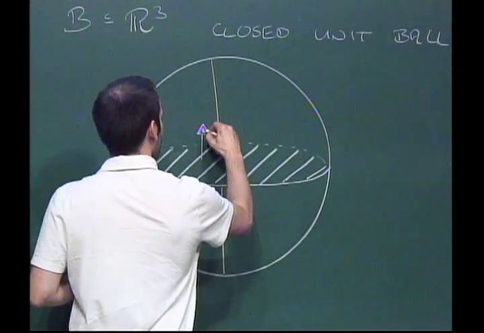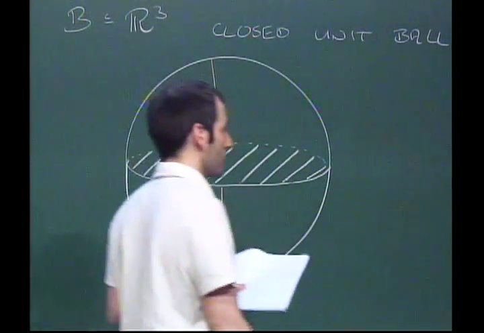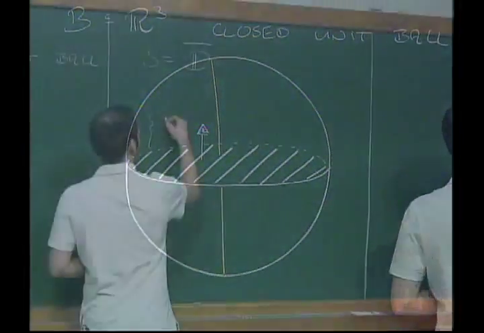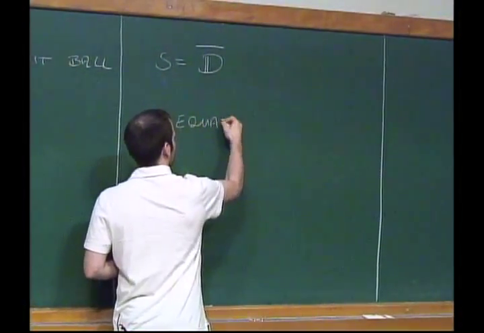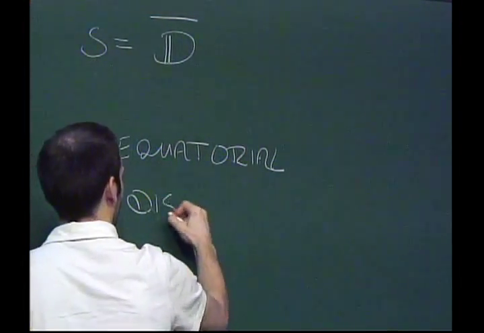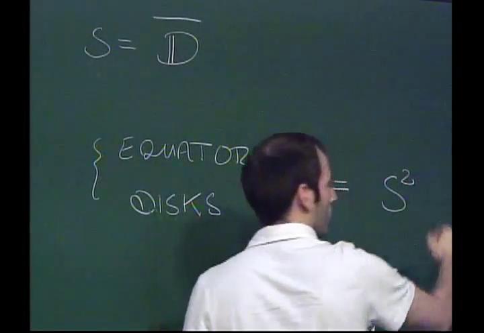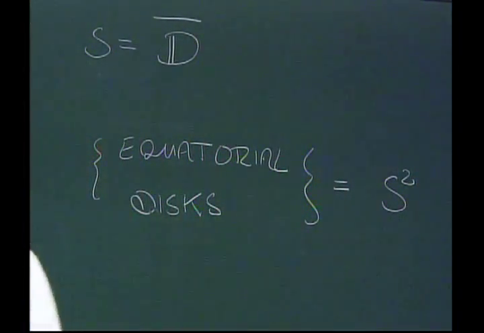And given that the space of unit vectors in R3 is equal to the sphere, the space of all equatorial disks is going to be diffeomorphic to the sphere. So what that means, in the language that we're going to be using presently, is that the moduli space of these trivial solutions, these equatorial disks, is two-dimensional, compact, and equal to the sphere.